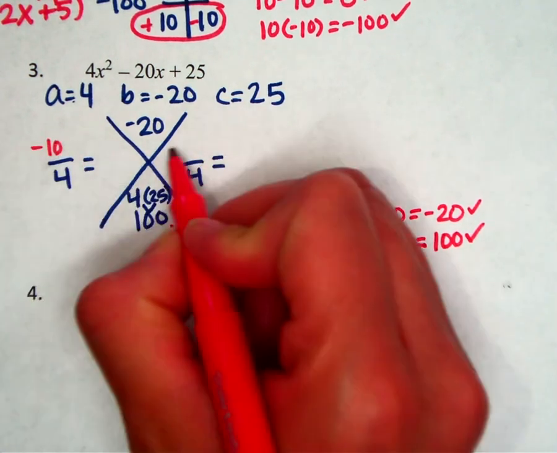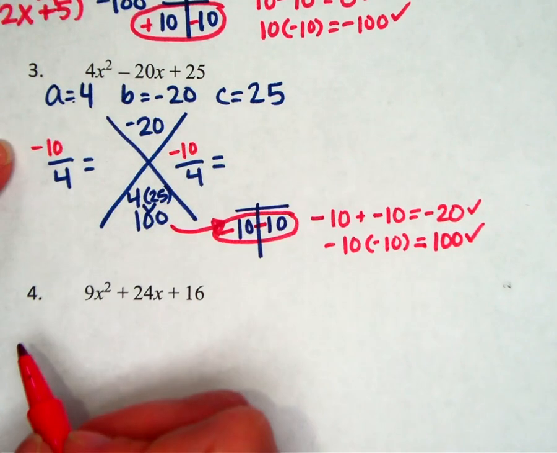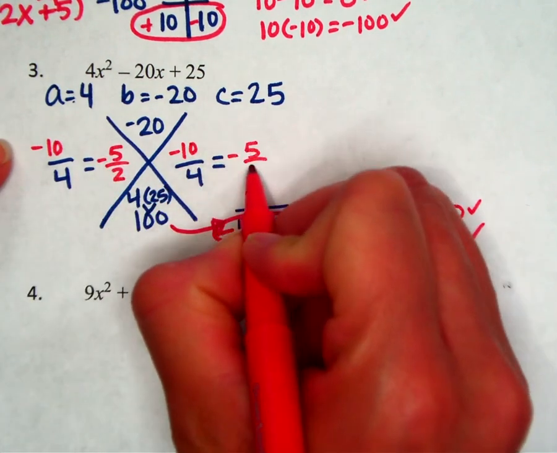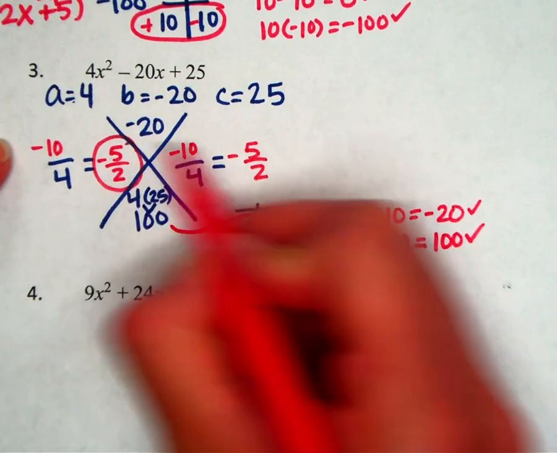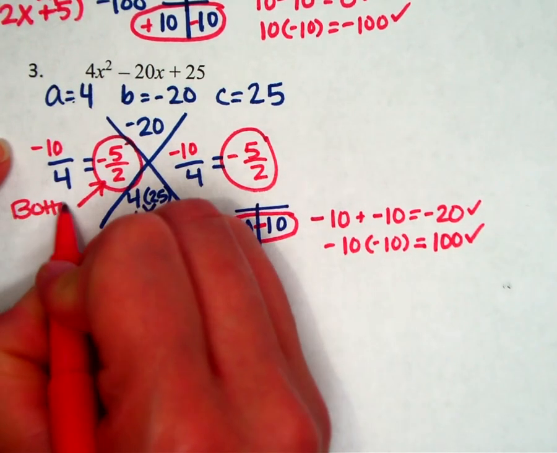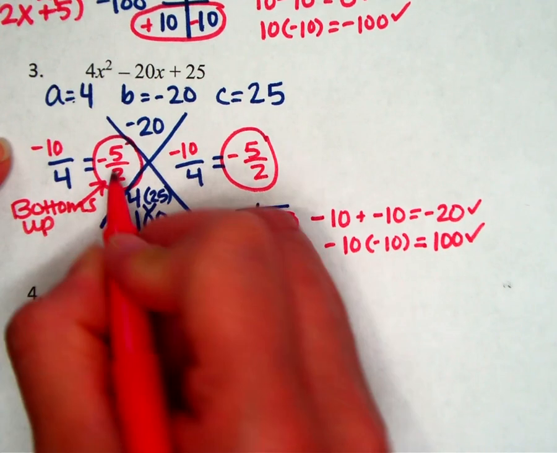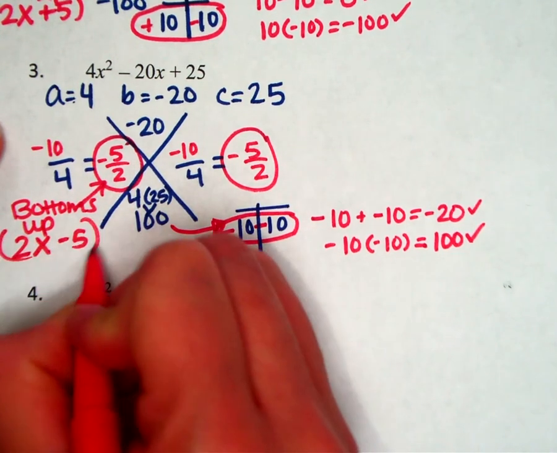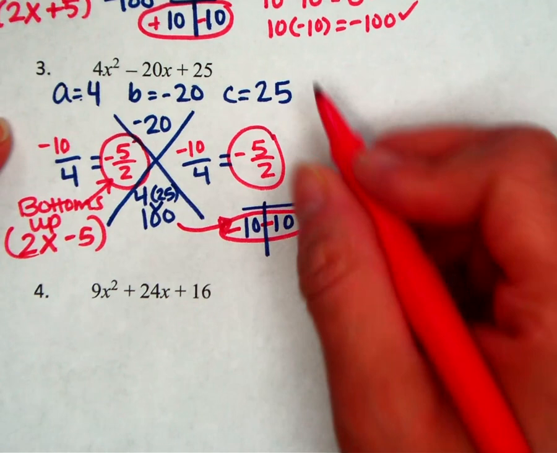And again, you're going to simplify each one. Negative 10 divided by 4 is negative 5 halves, negative 5 over 2. These are my factors. And I need to remember bottoms up. So I'm going to take the bottom and bring it up, 2x minus 5, and 2x minus 5 over here.